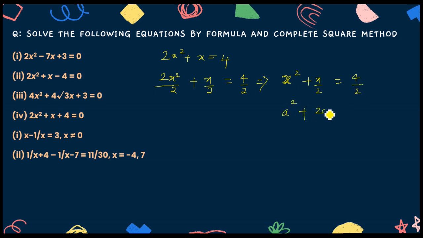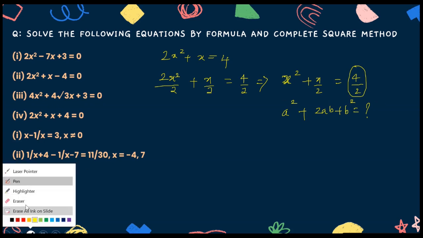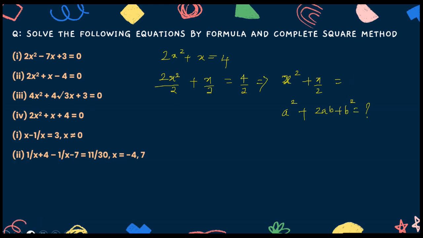I need to compare this with a square plus 2ab plus b square. Here nothing is there, anyway, leave it. Only the left part comparison will happen. The right number, that's why we separated this number actually. One more reason is to not include that in the completing square. Later we will balance that by writing.